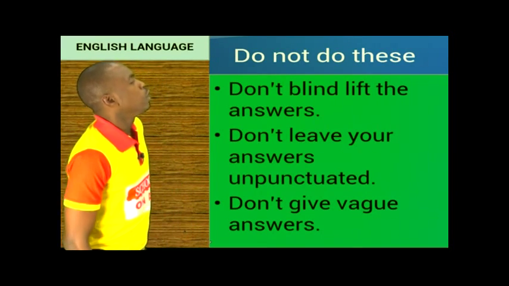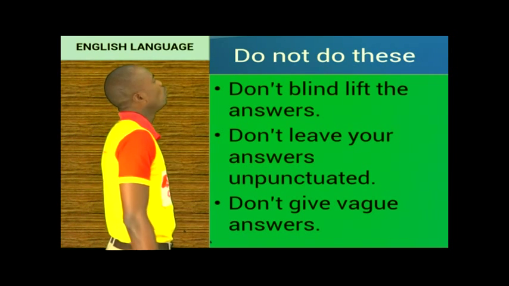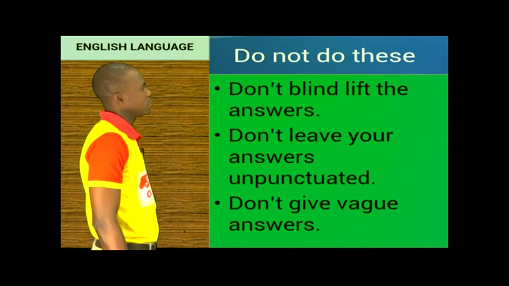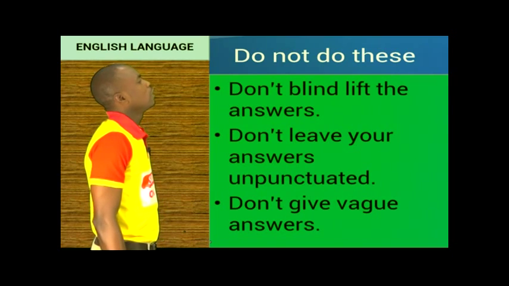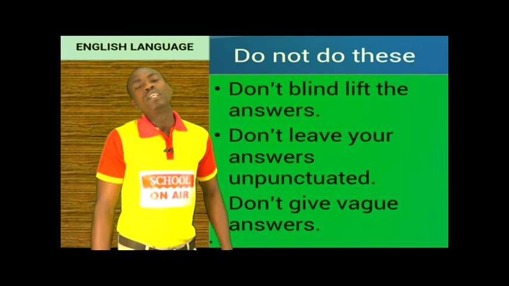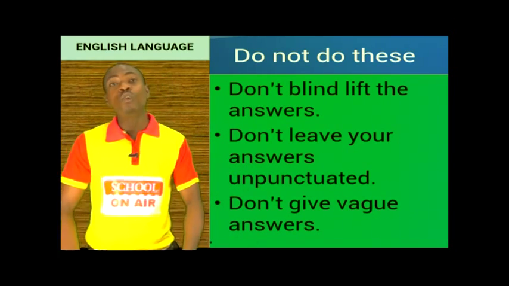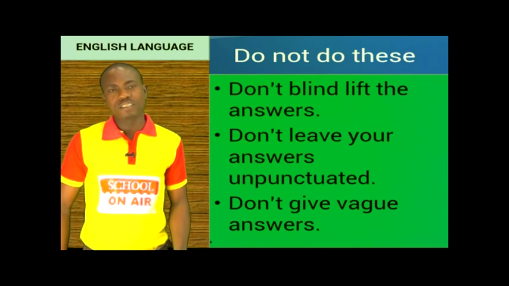We have some things that one should not do when it comes to answering questions on any given reading comprehension passage. Do not do these things, please. Number 1, do not blind lift the answers. When we say do not blind lift, it means copying exactly what the writer writes in his piece.